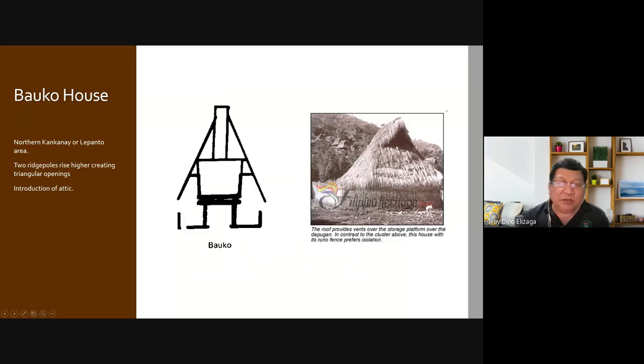It's referring to this one here on top, no? So you have an opening because of the sides. The section you see here is the longitudinal section. So you have like a ventilation on the roof, and then it introduces the attic because of the high roof.